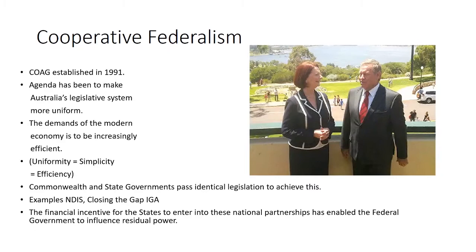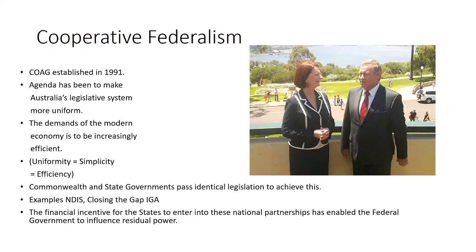Some examples from recent times are the National Disability Insurance Scheme agreements between the Commonwealth Government and the states, where the federal government has stumped up quite a bit of cash to make sure that the disability insurance scheme can be the same Australia over.